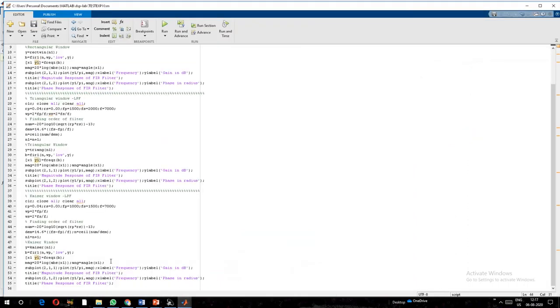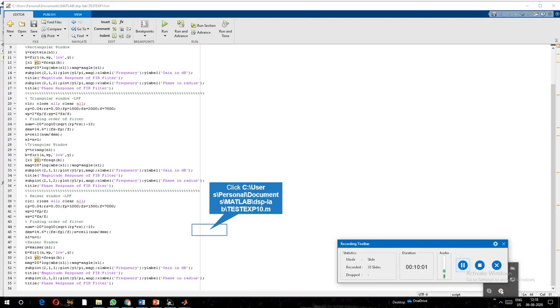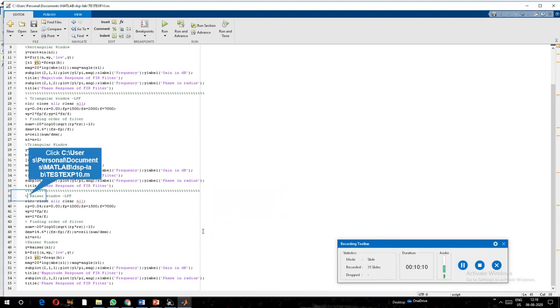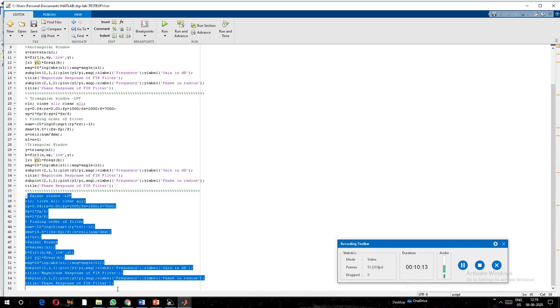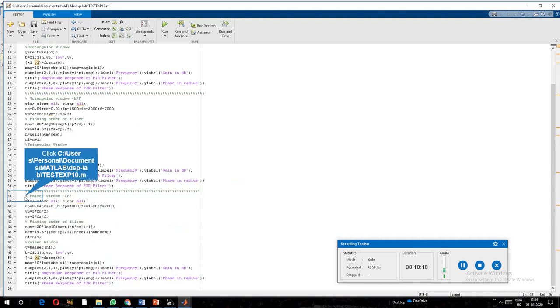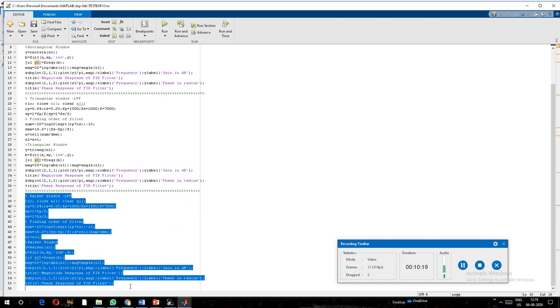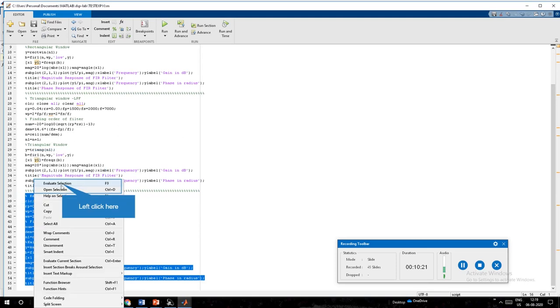Earlier, while executing, I copied only from this part to execute, so it showed an error. We have to select the whole part from this one, then we can run.